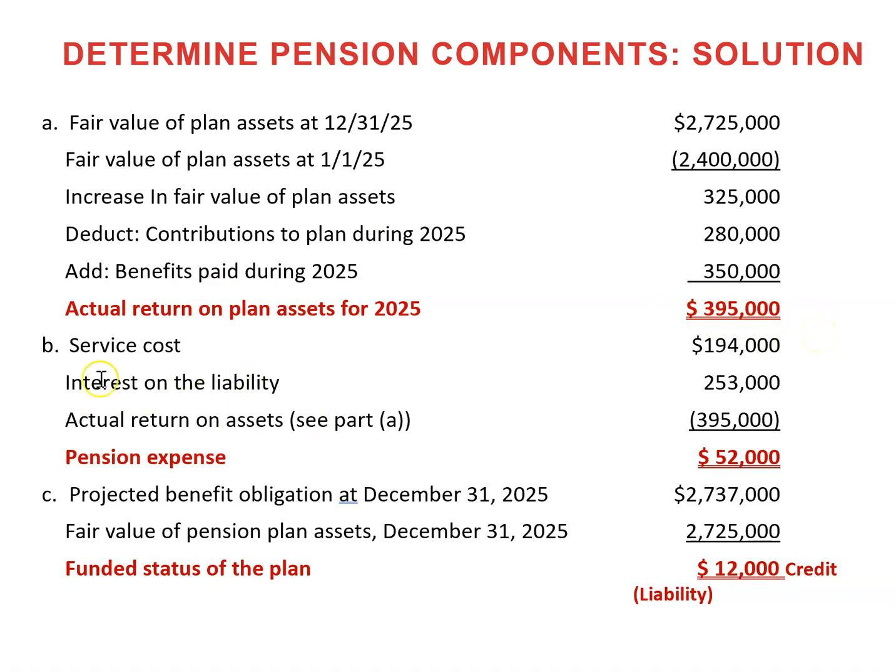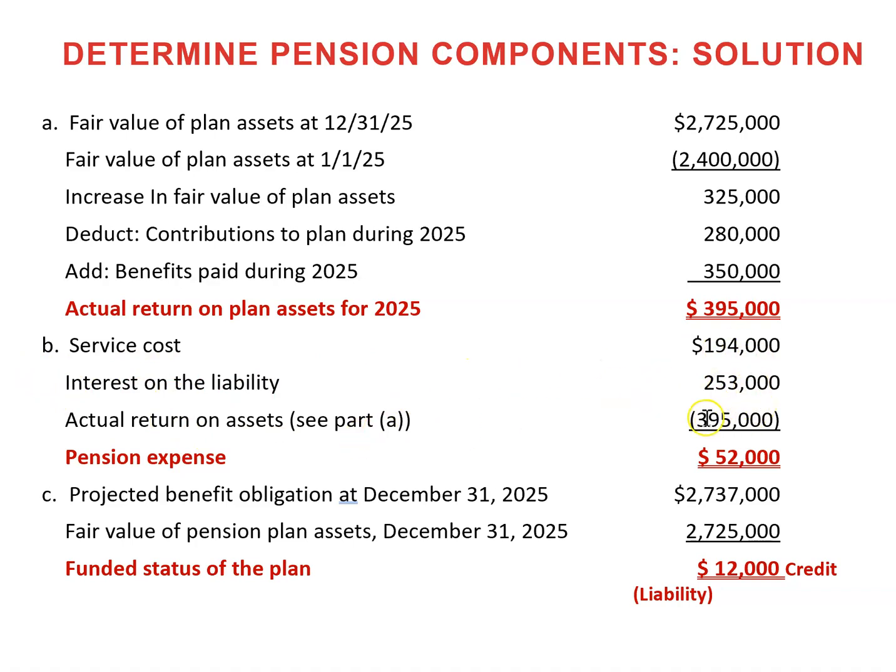Now when you have to calculate the pension expense, remember it's an expense, so we will see everything from the cost or expense point of view. We have service cost, which is given in the problem, and you have interest, which is also an expense.